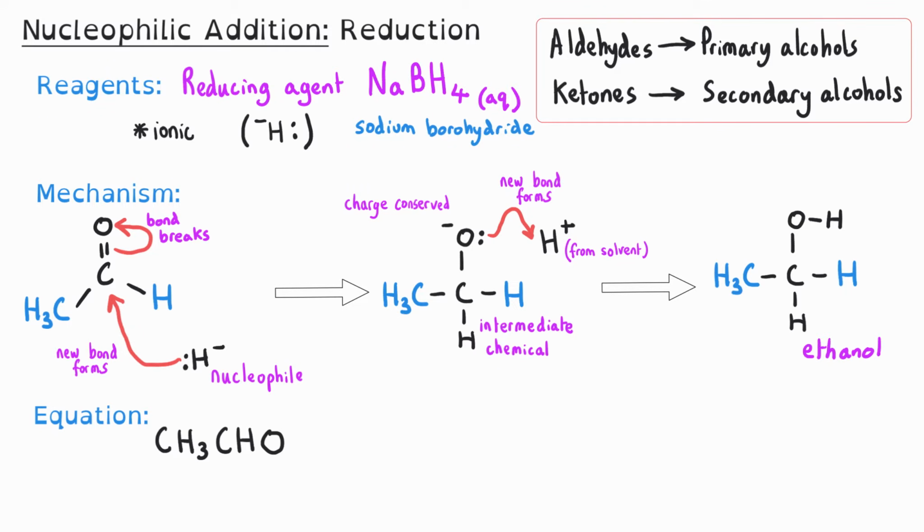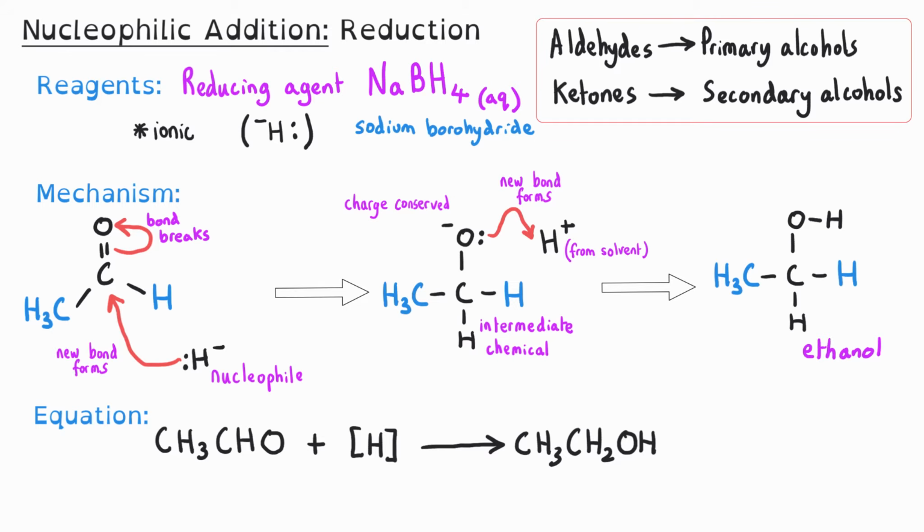So ethanal has got the formula CH3CHO, and ethanol is CH3CH2OH. And then to show the reduction, we are in fact allowed to just use a capital H for hydrogen inside square brackets to show that we are giving hydrogen from some kind of reducing agent without using the reducing agent's full formula.